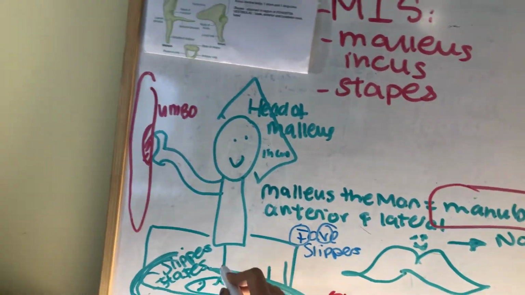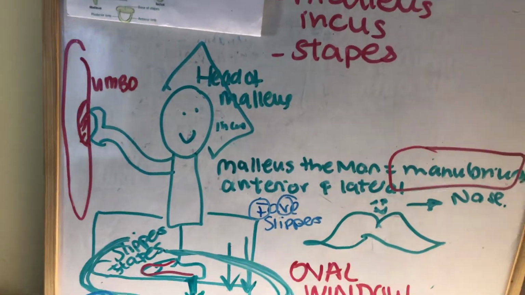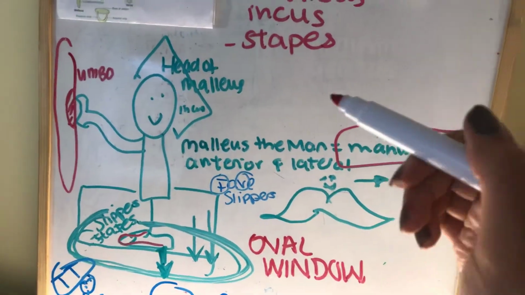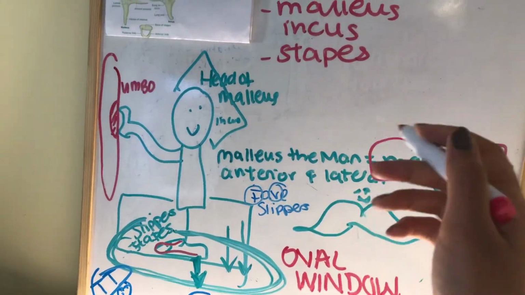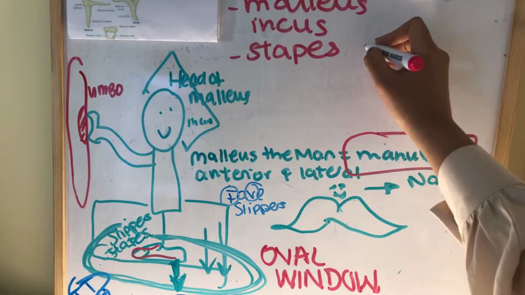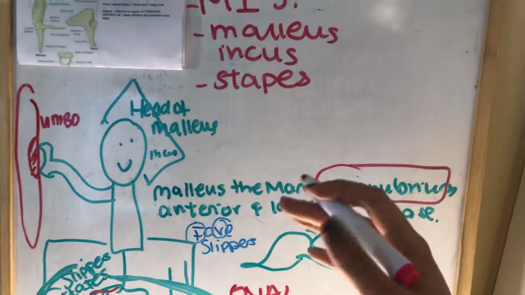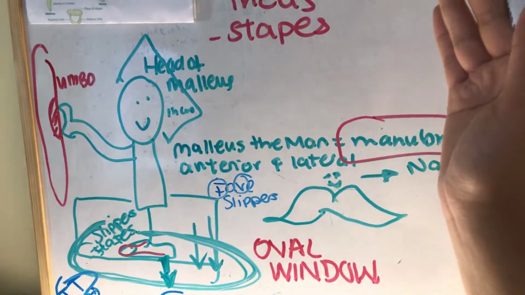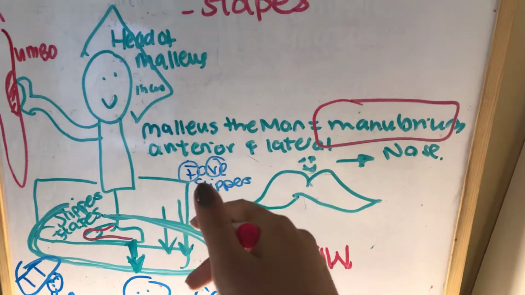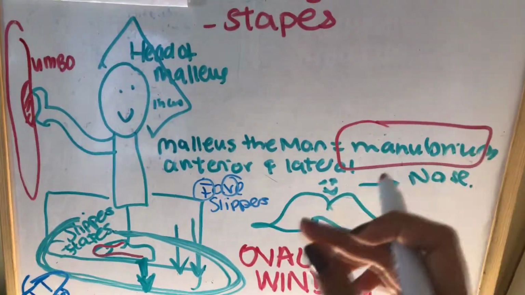So malleus is wearing his favorite slippers, and those slippers are supposed to represent stapes. Stapes, the third ossicle. Now, stapes comes in contact and knocks on the oval window. So in terms of sound transduction and how the vibrations are carried out, this step of the stapes tapping the oval window is crucial for the mechanics of the sound transduction.